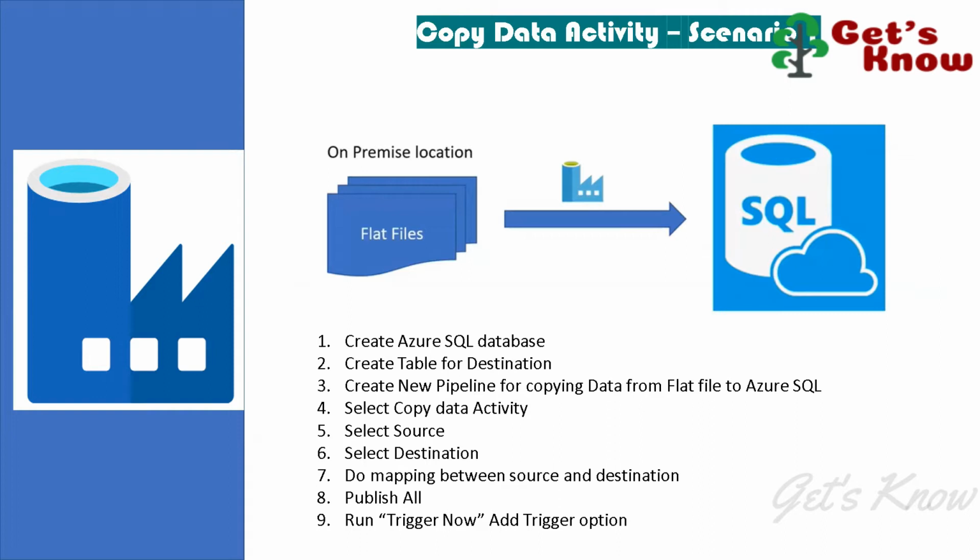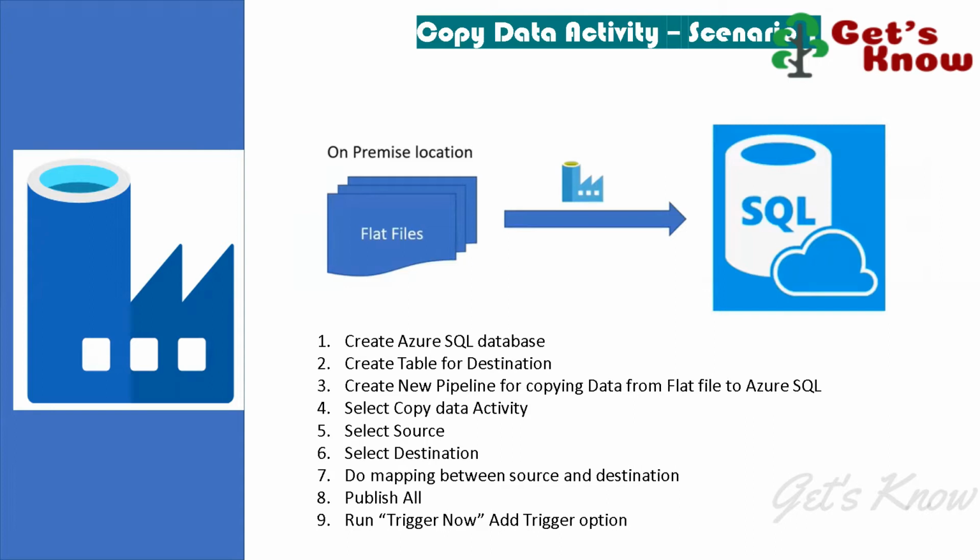and we have to create a new pipeline. See, I already told you, the pipeline is a collection of activities, and the activities define the actions. If you are going to do some data actions, you have to create a pipeline. Here we have to create a new pipeline for copying data from the flat file to Azure SQL.